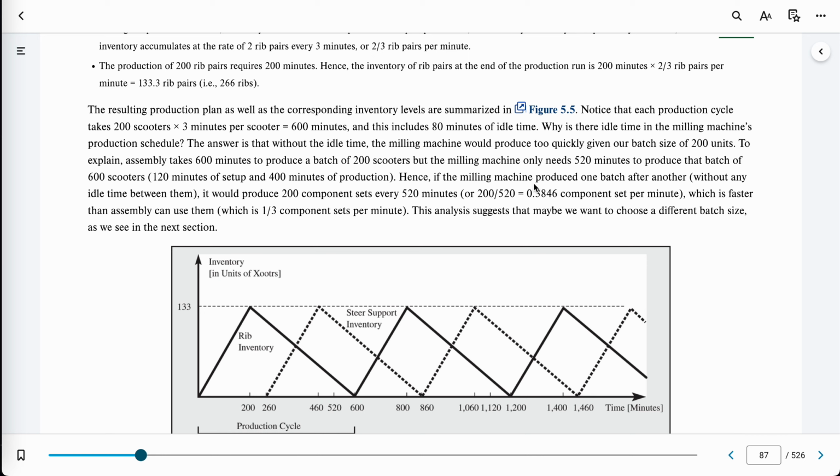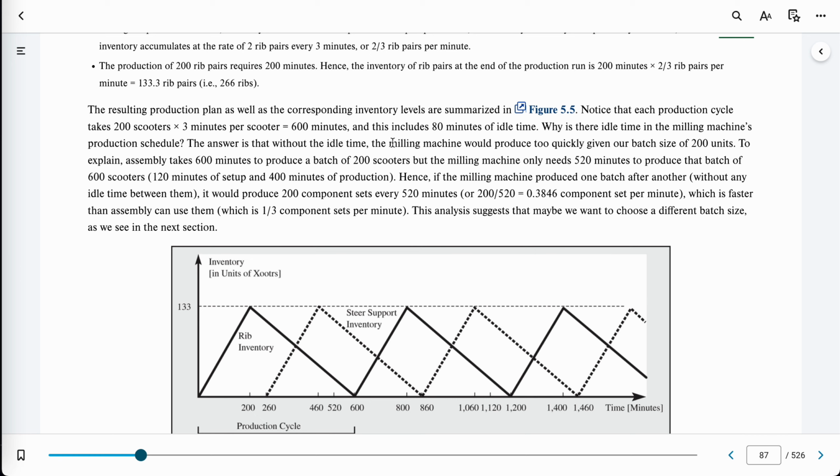So if the milling machine produced one batch after the other without any idle time in between, it would produce 200 components every 520 minutes, right? Which is much faster than the assembly time, which we don't need. So if you keep doing this, then by the time you finish assembly at the end of the day, you will have some inventory left over because assembly is slower.